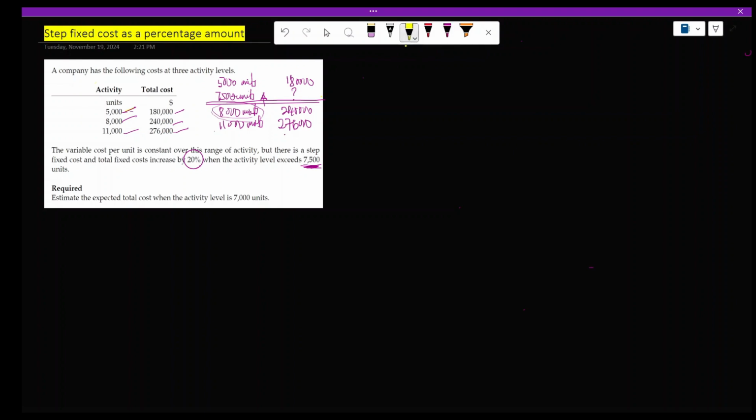We are going to look for the variable cost per unit using the high and low method. So the variable cost per unit is equal to the highest amount at the highest activity level, which is 276,000 minus 240,000 US dollars, divided by 11,000 units minus 8,000 units.